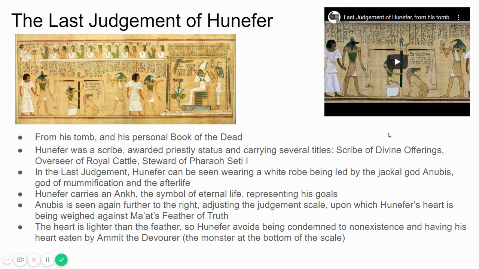So this video is what I want you to watch. That was a lot of the contextual information about these papyrus scrolls, but you do need to know specific details about the Last Judgment of Hunefer because it is a narrative, and you do need to be able to talk in terms of content. What are we looking at in this narrative?